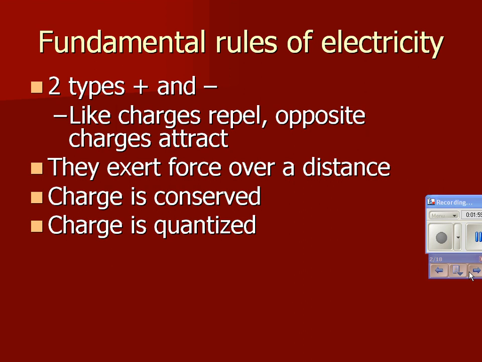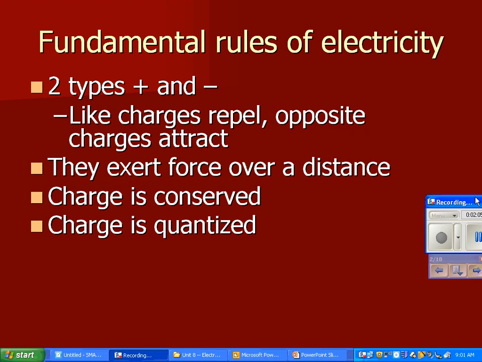Charge is quantized. What does that word quantized sound like? Quantity. Excellent. And what that means is that electric charge can only come in very discrete quantities. Think about this, for example, with what we've been talking about. Something is charged by giving electrons or by accepting electrons. Imagine for a second an electron had a charge of 2.